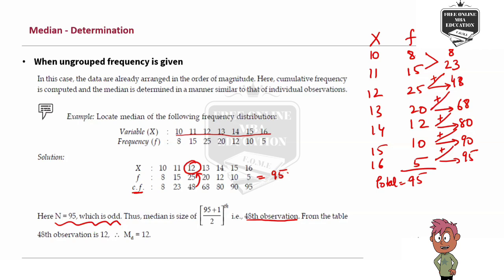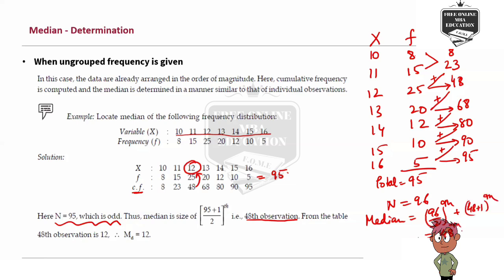If this would have been an even number like 96, then n would be 96, and the median is 96 by 2 plus the 96 by 2 plus 1, that is 48 plus 1th observation.